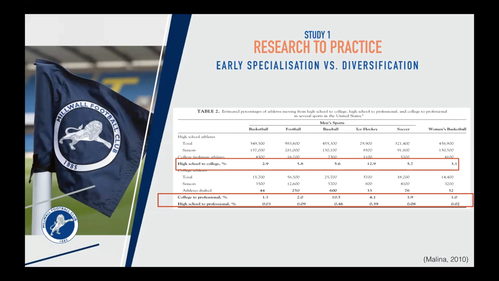And that's something that we've used at Brentford and Millwall as a study, because we've now incorporated a multi-sport type program into our 9 to 12 program to get them away from playing soccer or football the whole time.